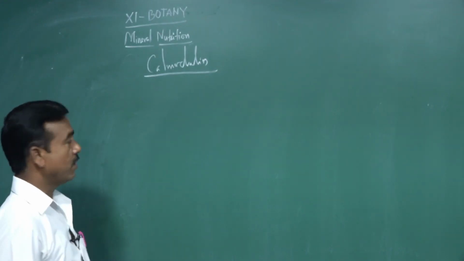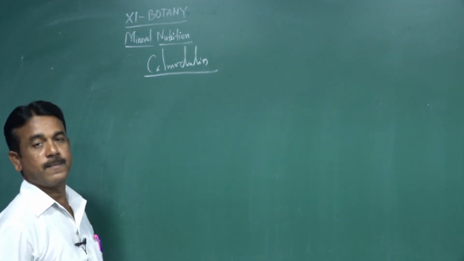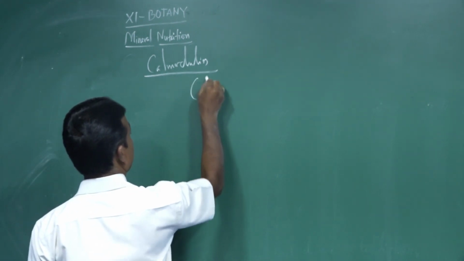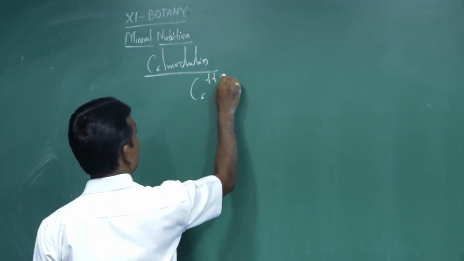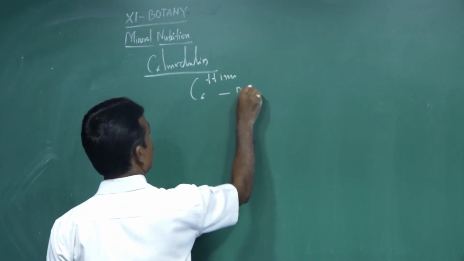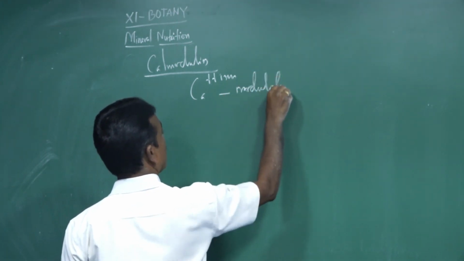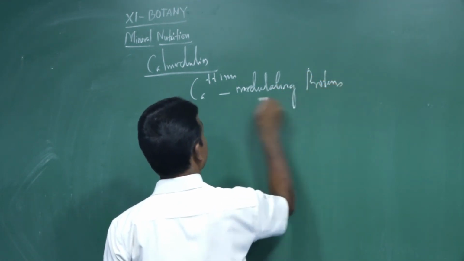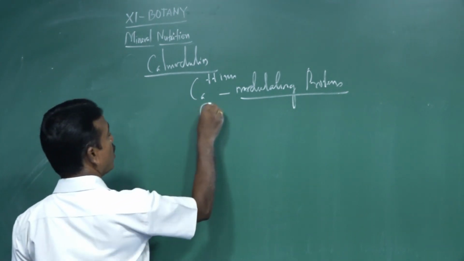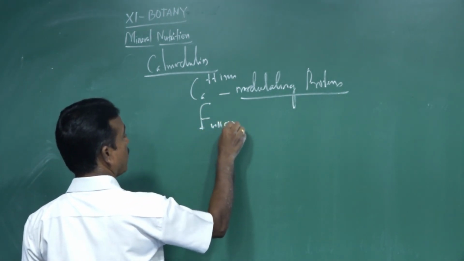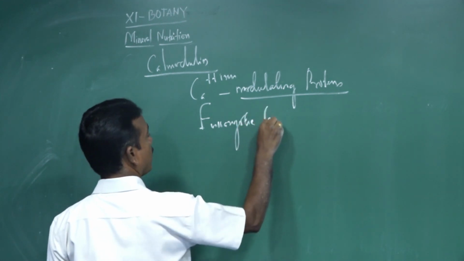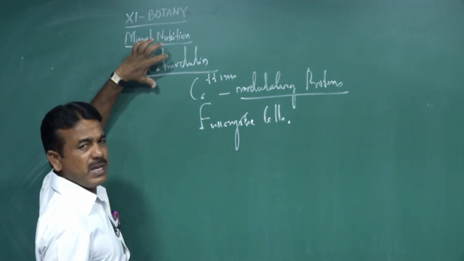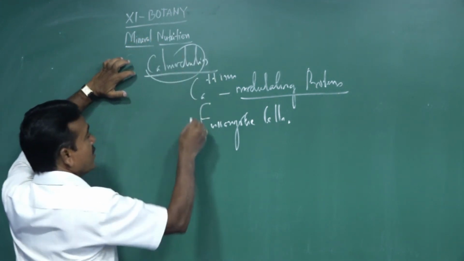The final one is calmodulin. Calmodulin is nothing but a calcium 2 plus ion modulating protein that is generally found in eukaryotic cells. What is its main activity?